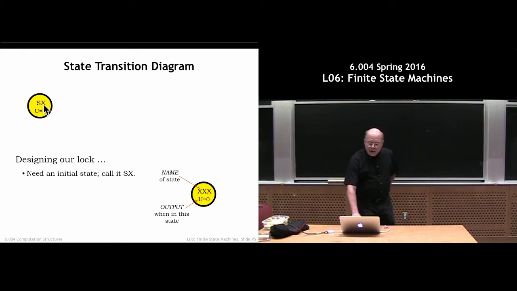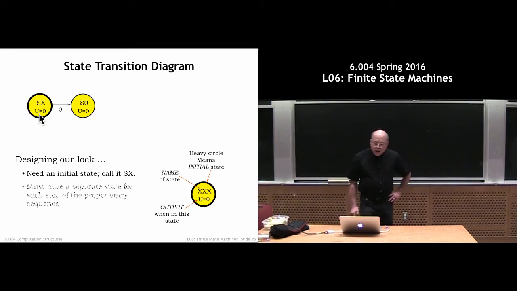So when I'm in the state SX, which means I've seen none of the combination, I've just turned on, I have no idea, the user has entered no part of the combination. So the X in this case basically means unknown. We want to say, look, I'm not going to unlock the lock for you, you haven't entered any combination bits yet. And the initial state we'll put an extra heavy circle around. Okay. Now, here's the first state in our state machine, and so let's understand what the diagram is telling us.